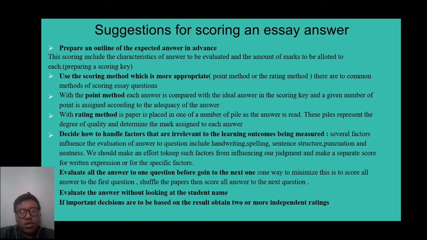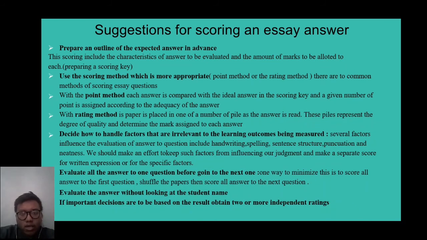The first is with the point method, each answer is compared with the ideal answer in the scoring key and a given number of points is assigned according to the adequacy of the answer. And the second is with rating method, each paper is placed in one of a number of piles as the answer is read. These piles represent the degree of quality and determine the mark assigned to each answer.